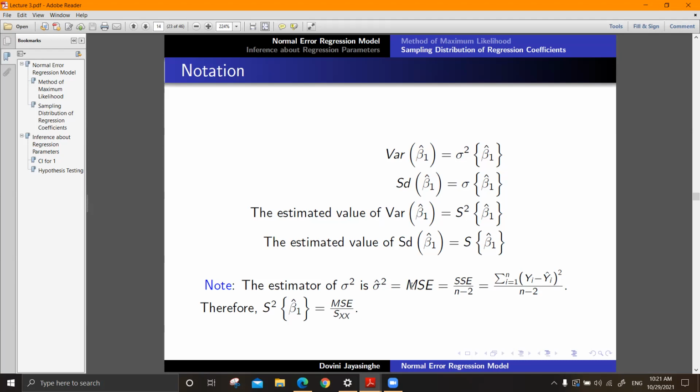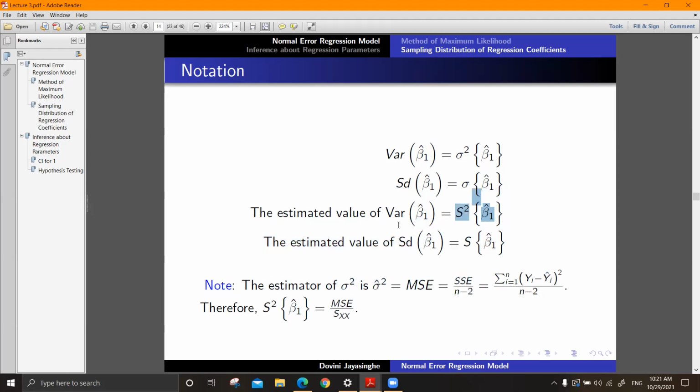If you are asked to compute the MSE, this is the formula. You have to know that. Take the gaps between the actual value and the estimated value, square them, take the summation, divide it by the number of observations minus 2. That is the MSE. So you are going to make use of that MSE in order to compute this quantity.